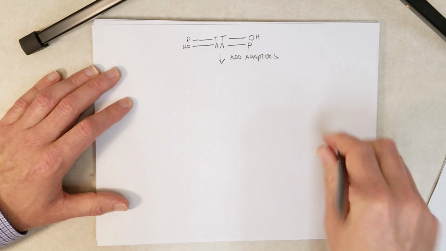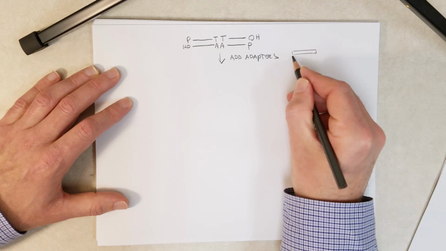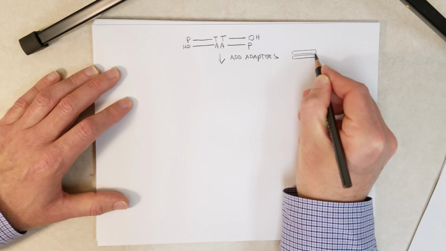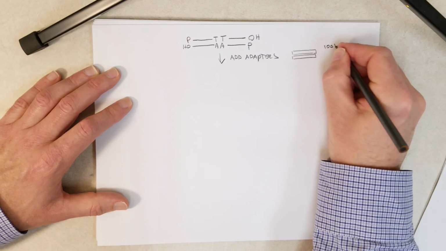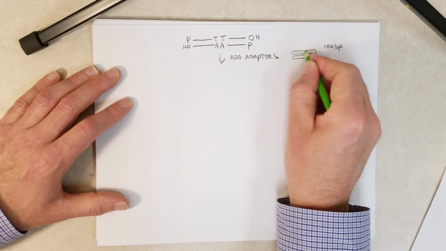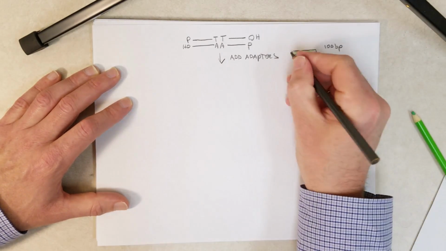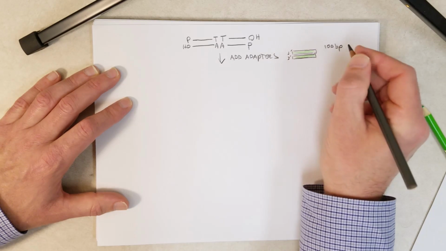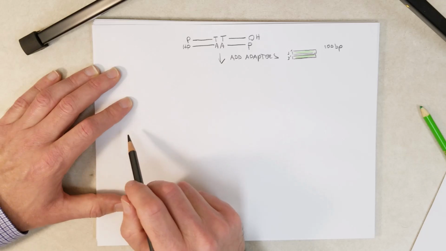And the adapters essentially are just little DNA molecules, 2 strands of a known sequence. Let's say, I don't know exactly how long they are, but let's say they're 100 base pairs long. I'm going to color these green. What we're going to do is stick these onto the ends of these DNA molecules with DNA ligase.